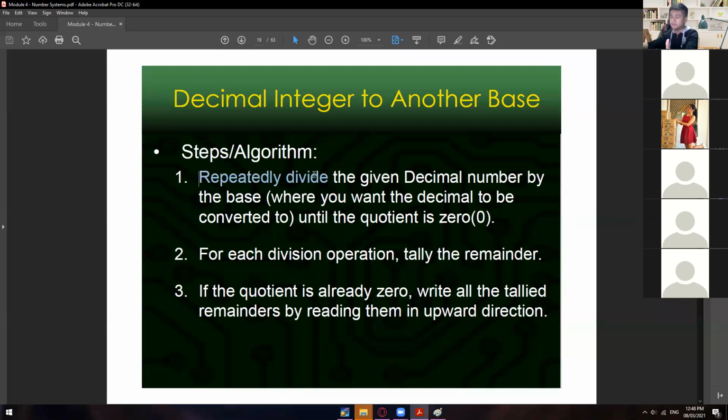Step 1, repeatedly divide the given decimal number by the base where you want the decimal to be converted to until the quotient is 0. Step number 2, for each division operation, tally the remainder. And then number 3, if the quotient is already 0, write all the tallied remainders by reading them in upward direction.